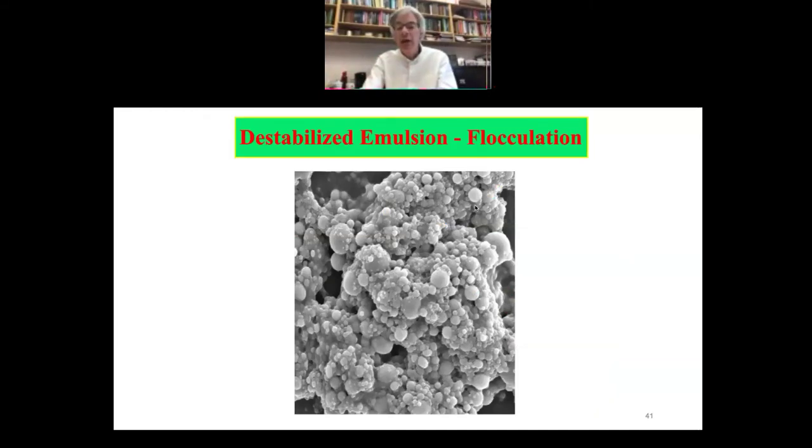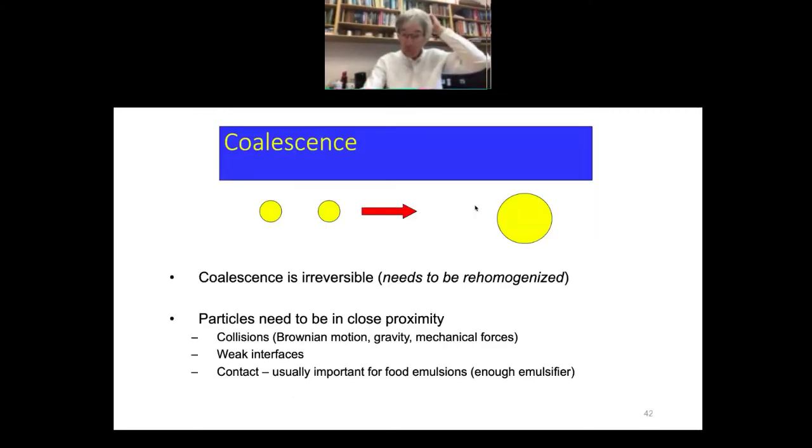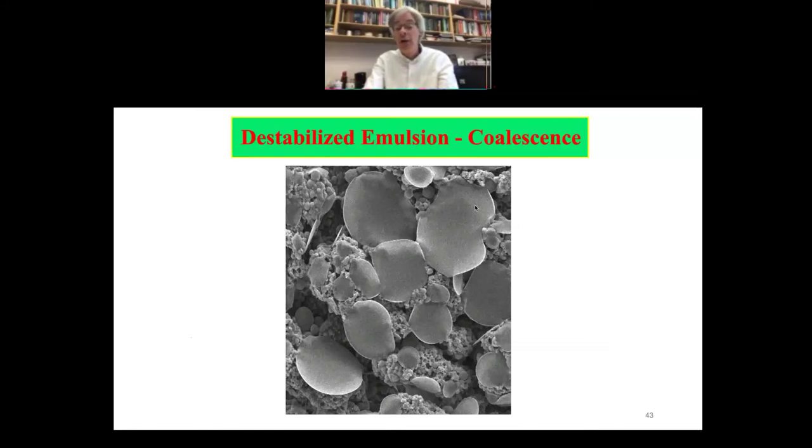So there's an electron micrographic image of a destabilized emulsion through flocculation. Coalescence is irreversible. In this case, you have touching of the internal components of the emulsion droplet through a weak interface and a rupture in the interface. So there's a picture of coalescence.